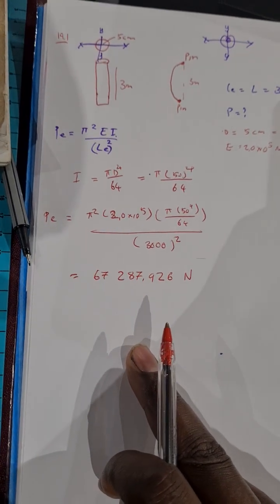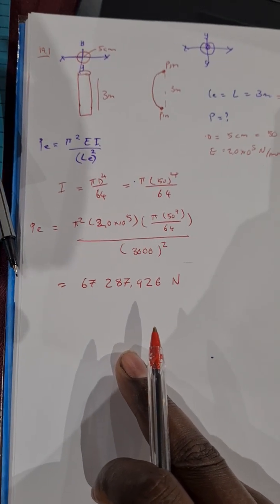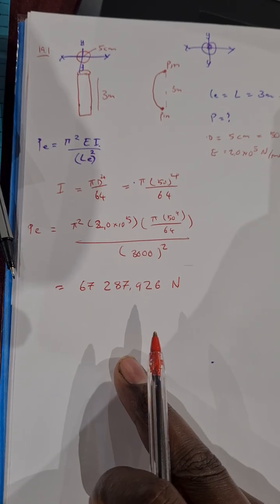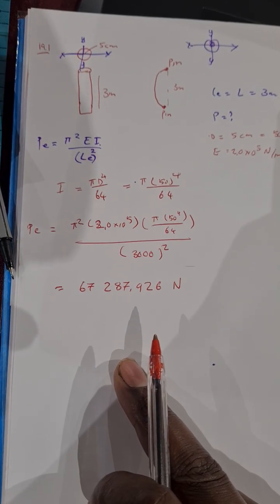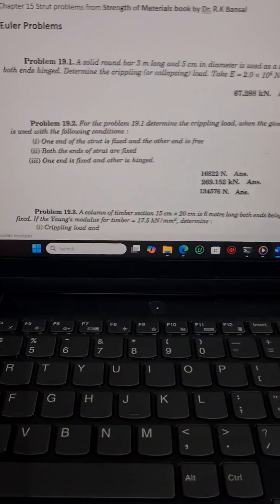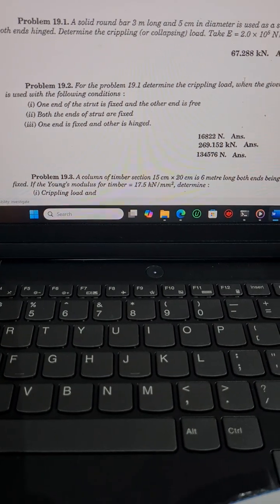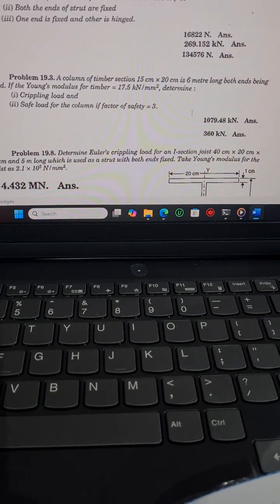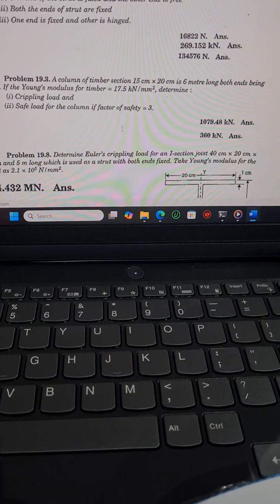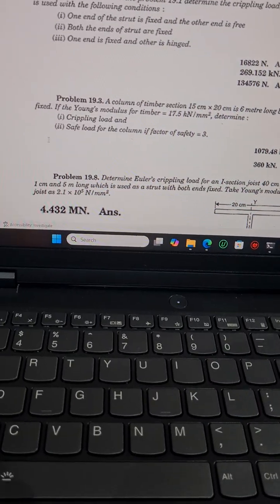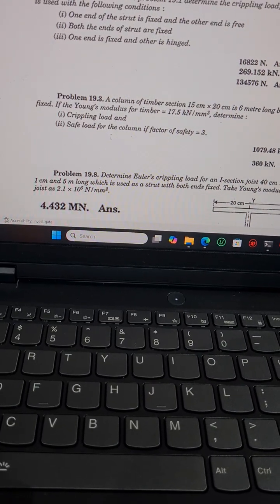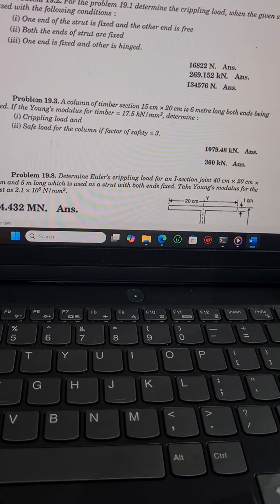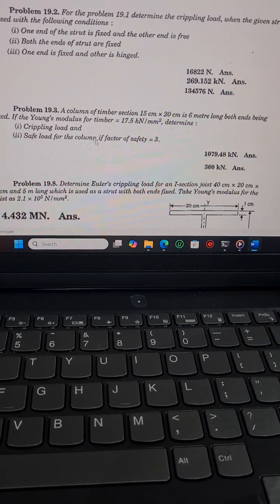This is the answer. Let's go to the next problem. I'm not going to do the other problems, you're going to do them. Do 19.2 and see. Problem 19.3 has a safety load. Do it also and see.